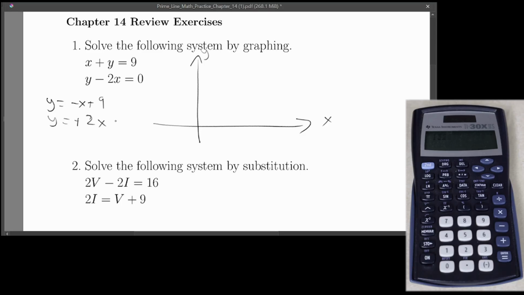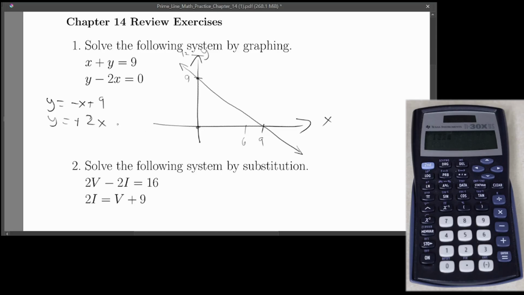For our first equation, y equals negative x plus 9, we'll start up here at 9. That's our end point. For each step, we'll go over one and down one, which means that over here on positive 9, that's where we're going to cross. Then for our other equation, we'll start at 0, 0.